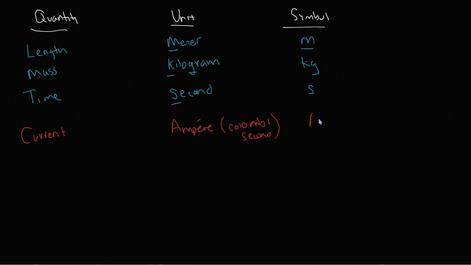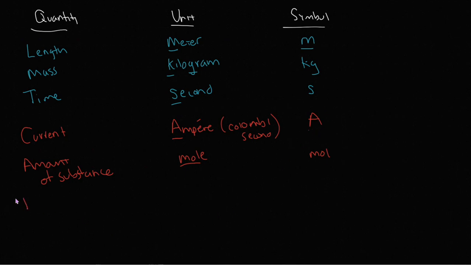The symbol for this is A. The next quantity is amount of substance. The unit for this is mole. The symbol is mol, the first three letters of the word mole. Ampere is the first letter of ampere, the capital A.